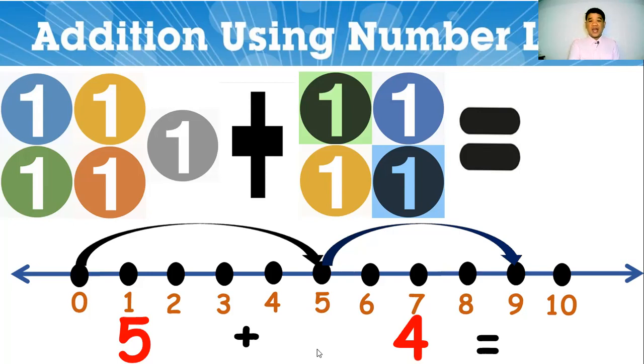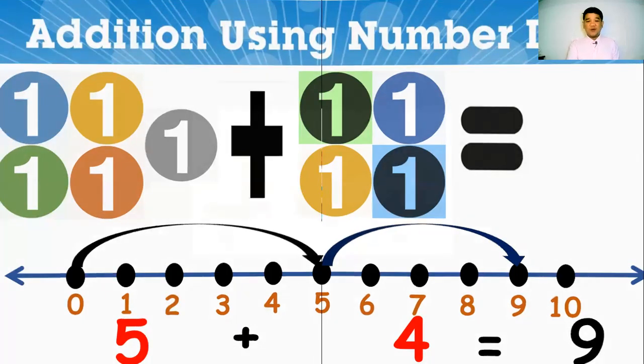Again, 5 plus 4 equals. So the question is, how many ones are there altogether? So there are 9 ones altogether. Again, how many ones are there altogether? So there are 9 ones altogether. You see that? So that's very easy.